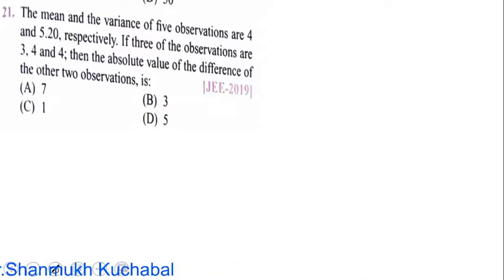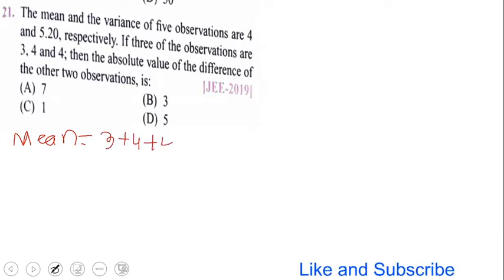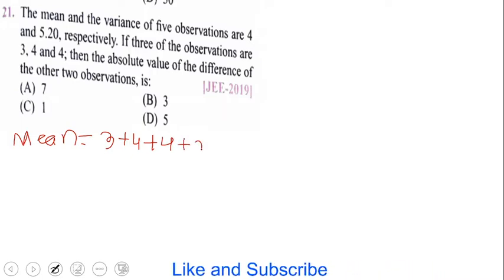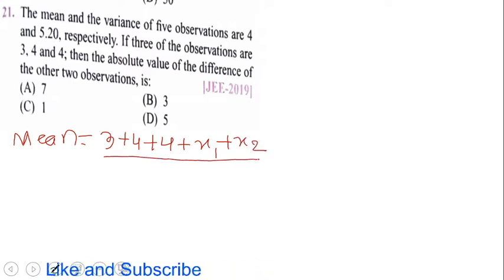Okay, so we will take the mean of 5 observations. The first 3 observations are 3 plus 4 plus 4, plus the remaining 2, which we will take as x1 and x2, and whole divided by 5, as we have totally 5 observations.